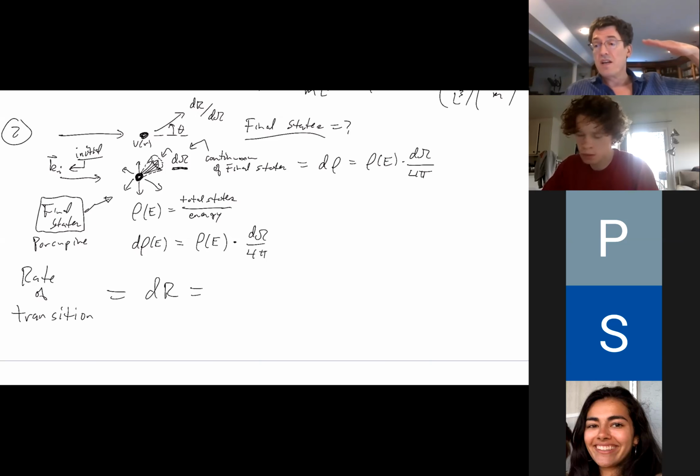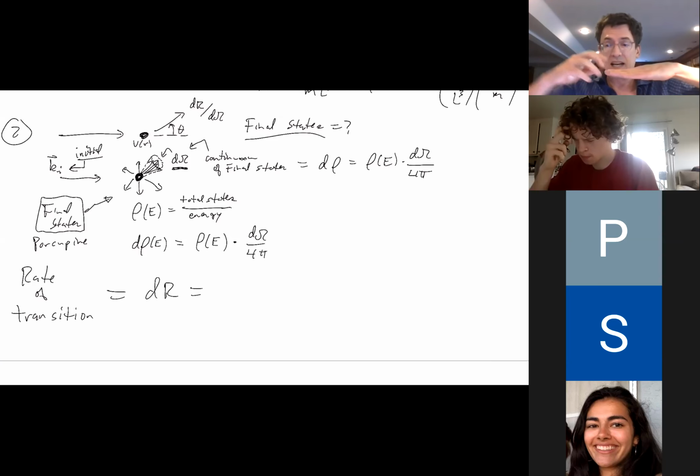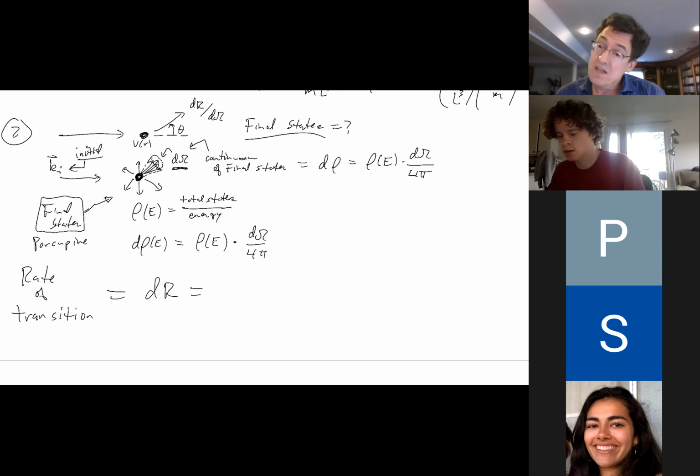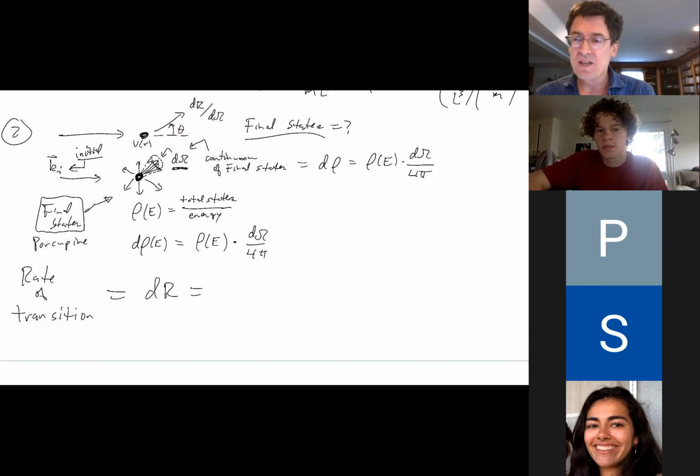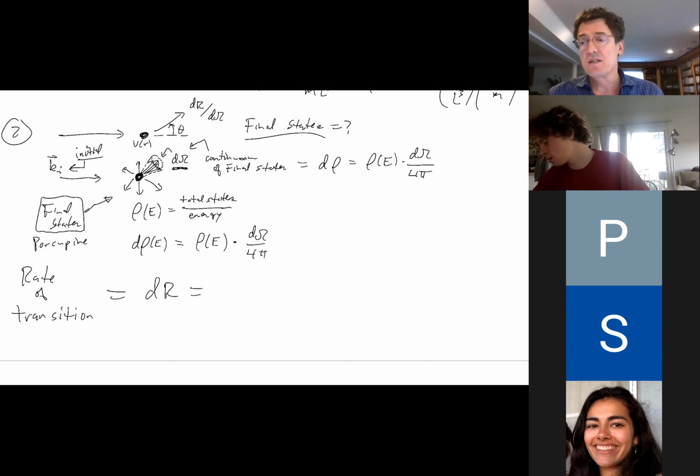We're starting in a well-defined single state, and we're ending up in a dense set of final states. And I'm asking you, what is the rate of transitions? We have solved this problem before. I know that some of you know the answer. So how do I calculate this using quantum mechanics?